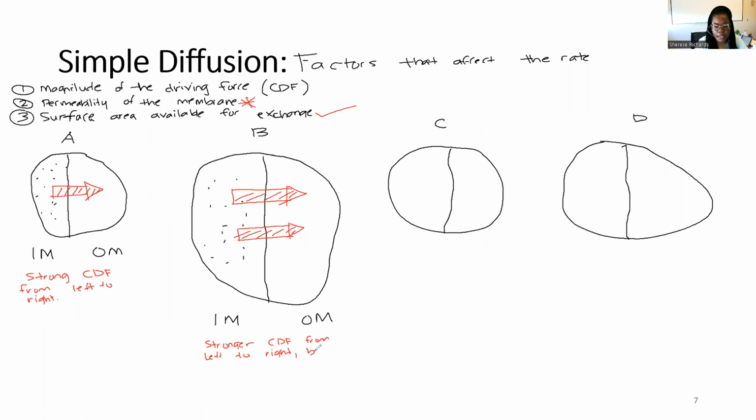And I'm going to say because we have more surface area exposed. Okay. So the rate of simple diffusion is going to be faster. This is going to be a faster rate of simple diffusion.